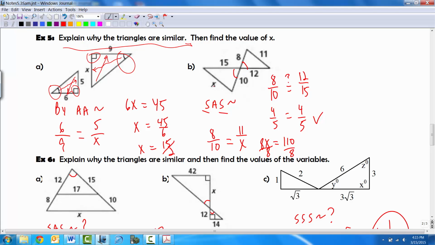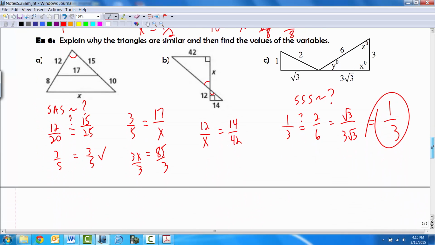Then you may proceed and find X by using one of these two ratios that represent the correct combination of sides, and take 8 over 10, for instance. Right over left is the way I'm going, so it must be 11 over X, right over left. Make sure you keep the triangle order intact. All right, and then get some sort of decimal for that. I didn't finish that off in class.